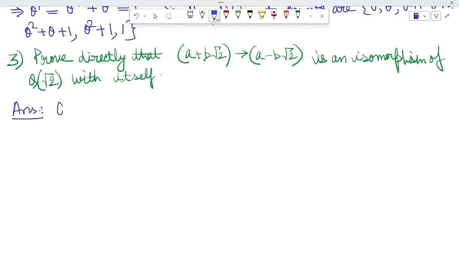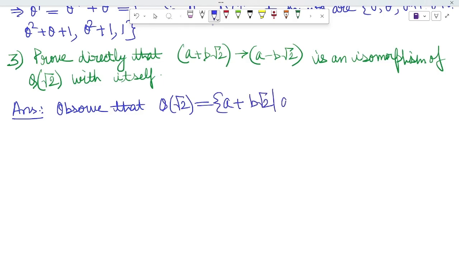Now observe that Q root 2 will be of the form an element a plus b root 2, where a, b belong to Q. Okay. So it is easy, I think.